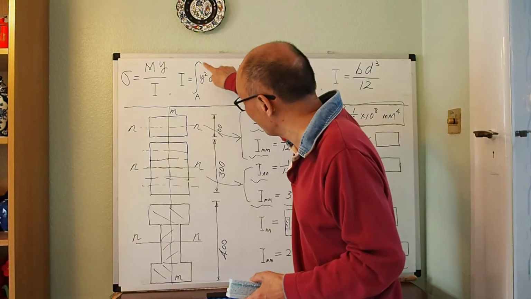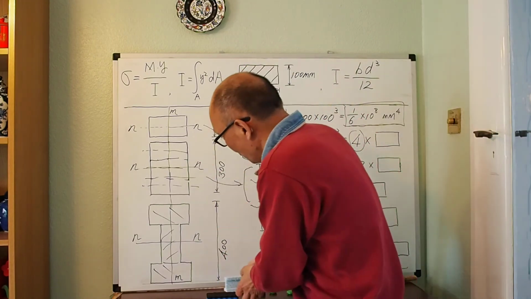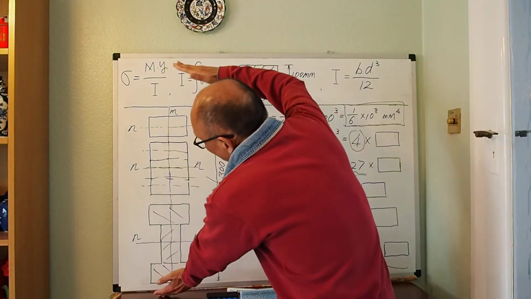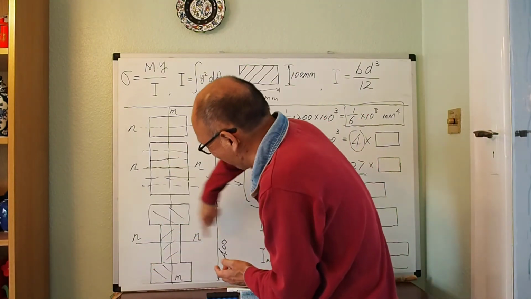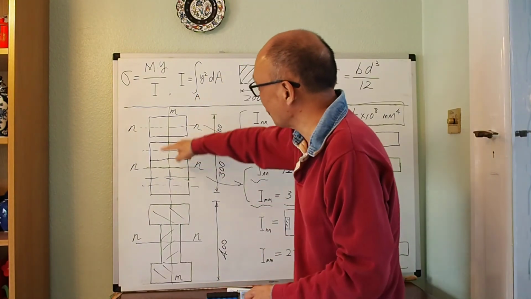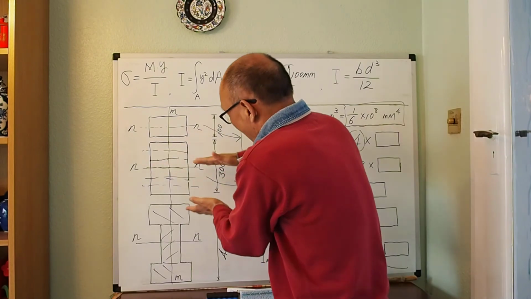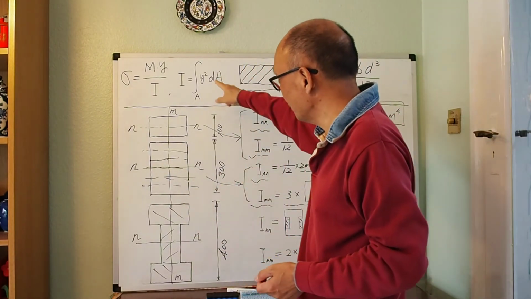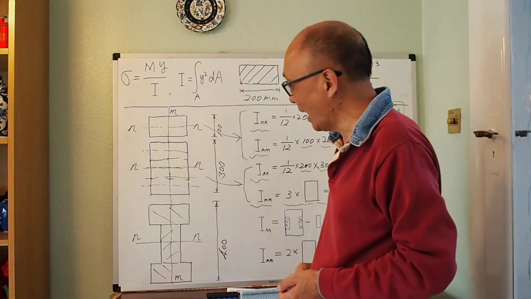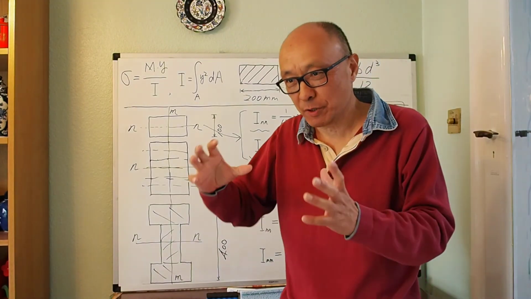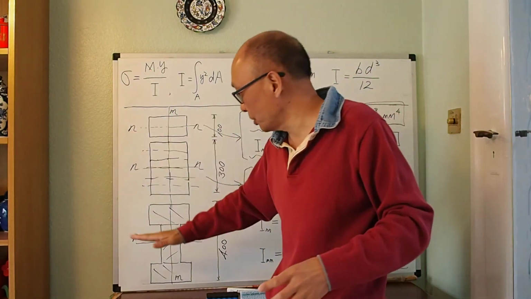In order to make that integration bigger, you want to put the material far away from this axis. So a solid cross-section is not a good idea because you have an equal amount of material everywhere. That's what you need to do to make I larger. That's how you design a beam: you want to put your material away from the neutral axis.